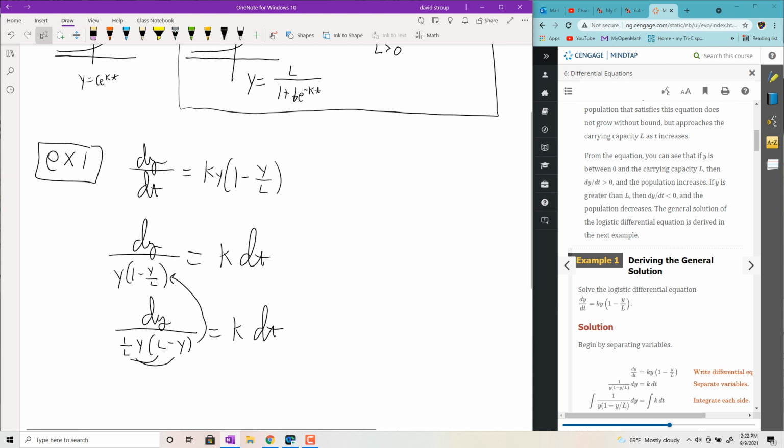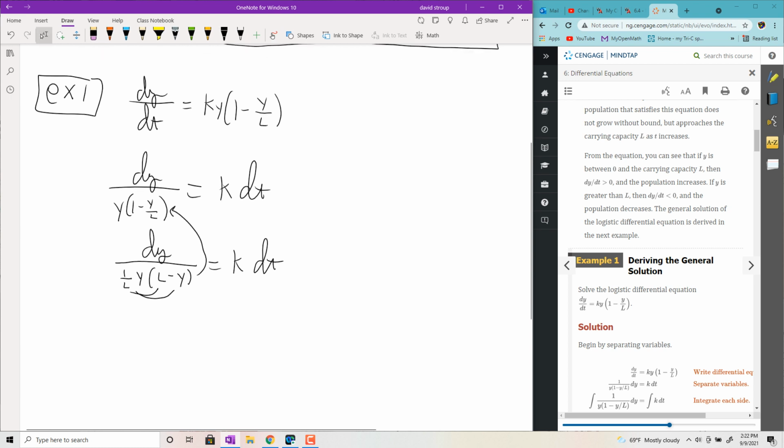Okay, so hopefully that's not too big of a leap of faith. Once you have the 1 over L in the denominator, you can flip it and put it into the numerator. So technically it's 1 over 1 over L, but that's the same as L. So you can rewrite this expression as L dy all over y times L minus y, and then that will equal k dt.